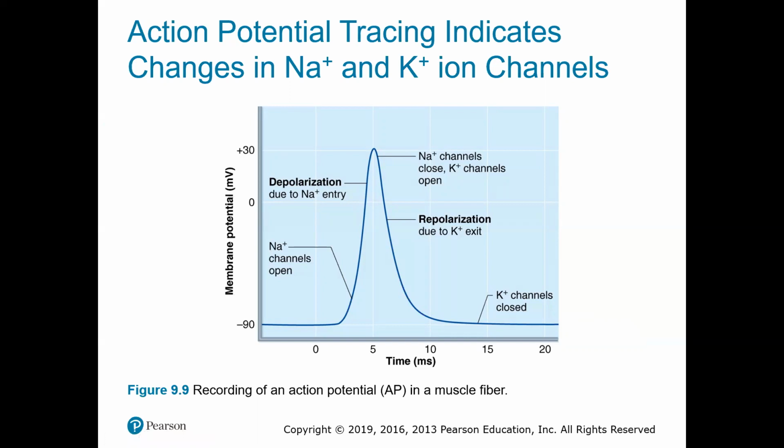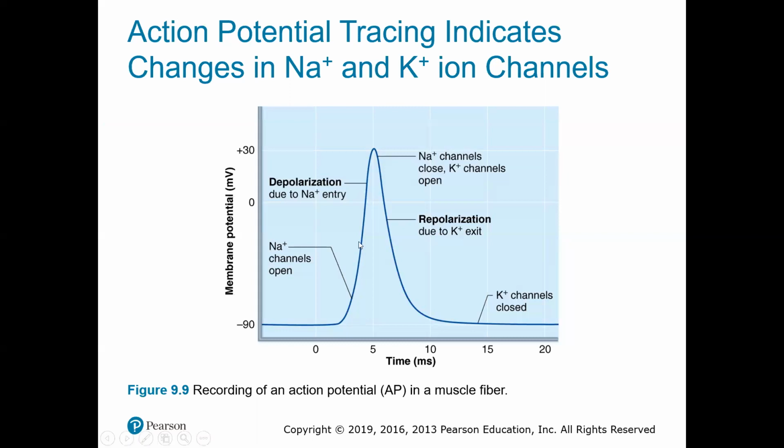So our resting potential is minus 50. I'm sorry, the resting potential is minus 90. If we can reach threshold at the motor end plate of minus 50, then we'll trigger the voltage channels on either side of the motor end plate to open up and have a massive influx of sodium.